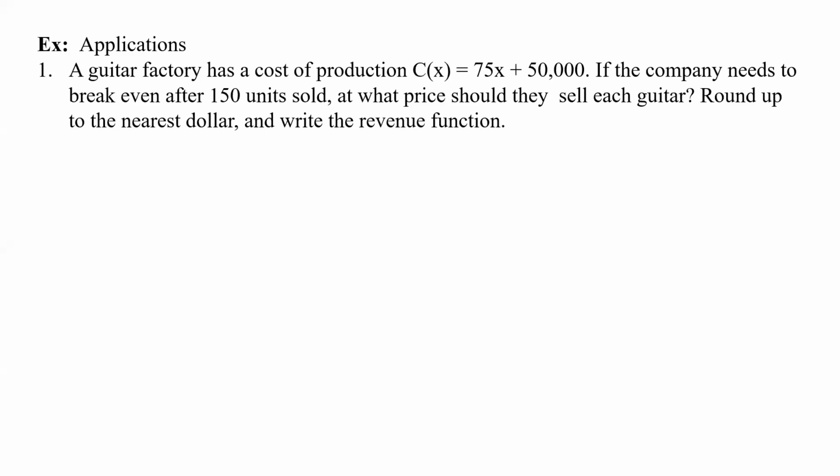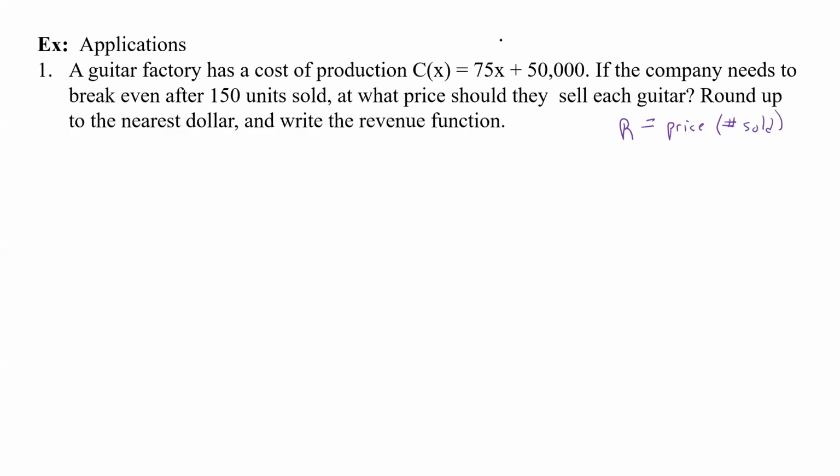Well, what is revenue? Revenue is going to be equal basically to your price times the number of units sold. Okay, so that's revenue. That's how you make money. Price times number sold.